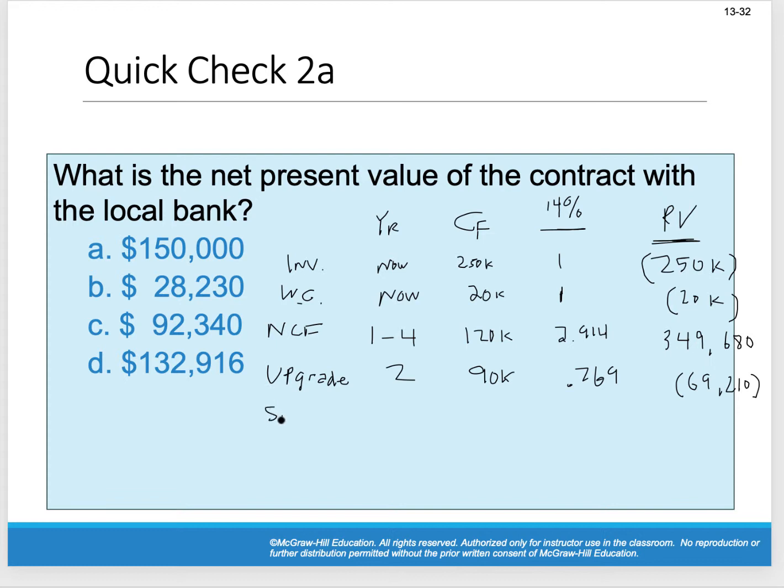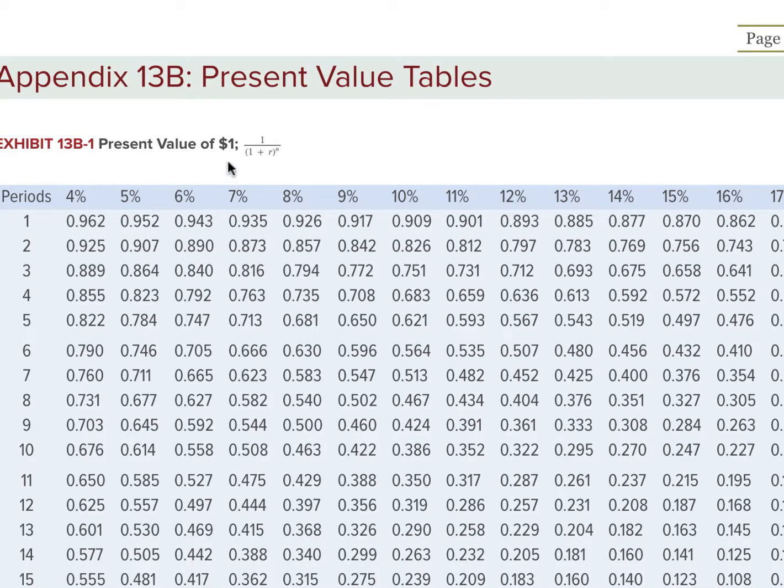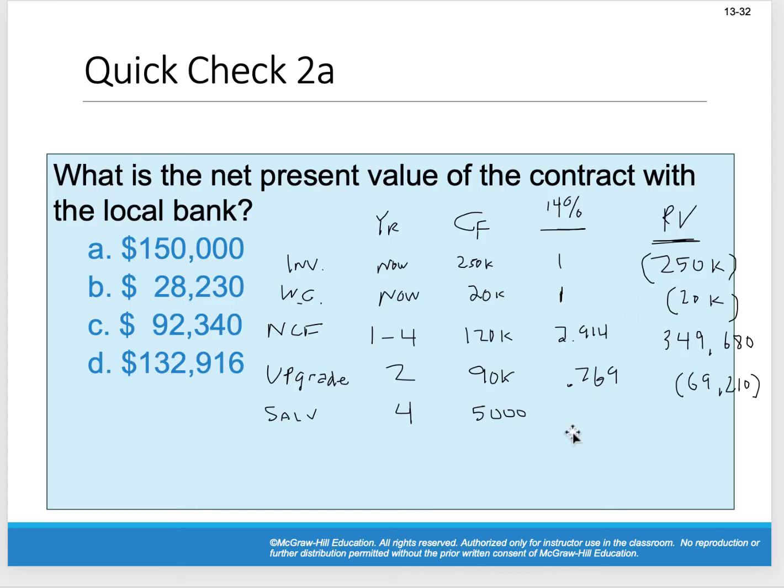So let's do the salvage value. When's it happen? Year 4. What's the amount? 5,000. I need to figure out what my factor is. It's a one-time payment, happens once. So I'm going to go to my present value of $1. 14, year 4, which is 0.591.